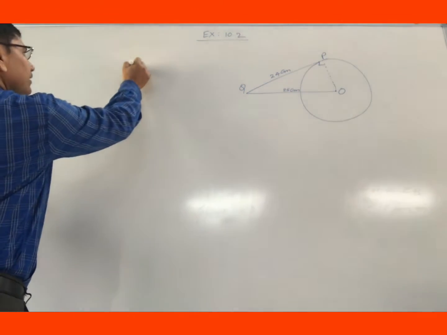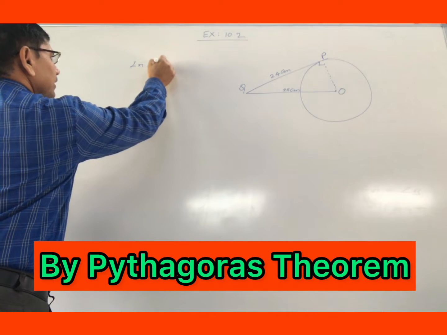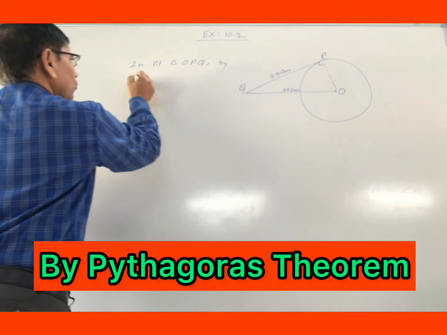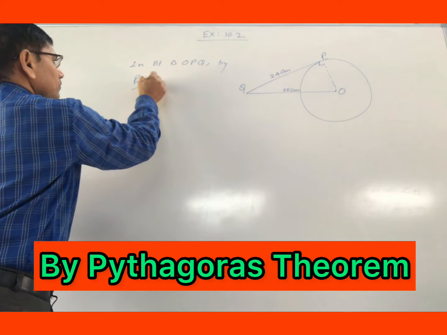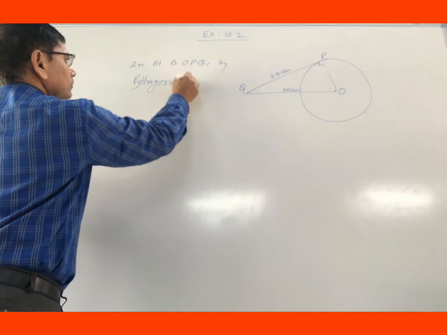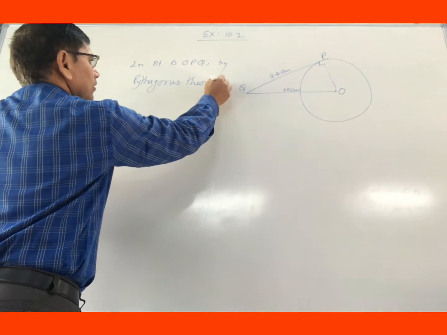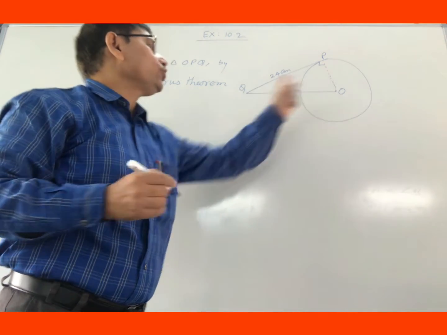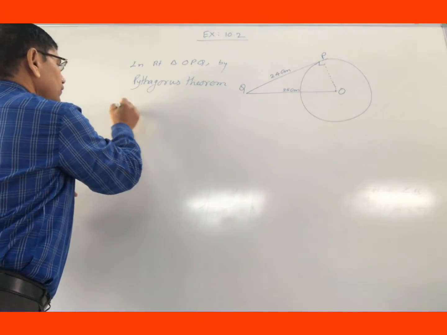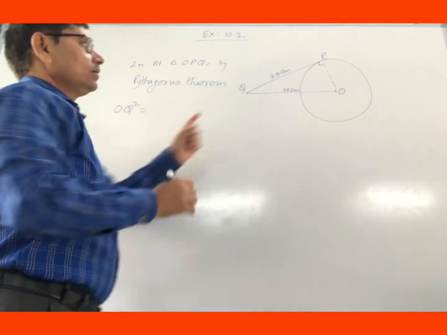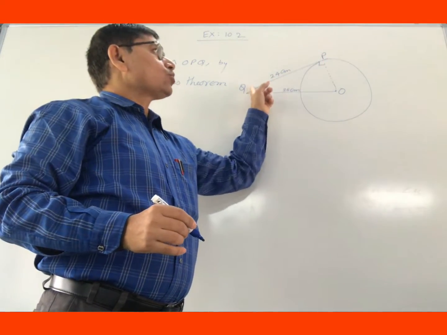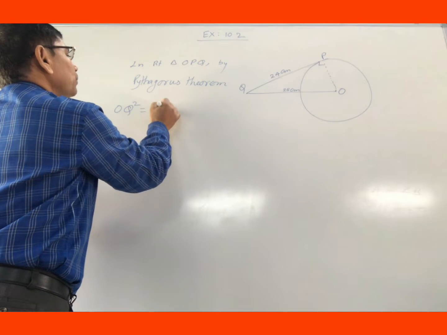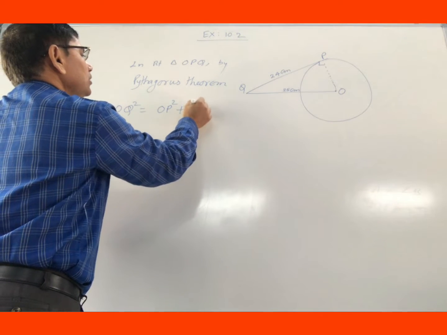So we write in right triangle OPQ, by Pythagoras theorem, we know that hypotenuse square, that is OQ square, equals PQ square plus OP square, meaning OP square plus PQ square.